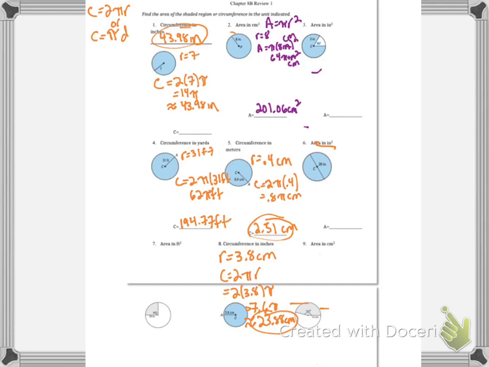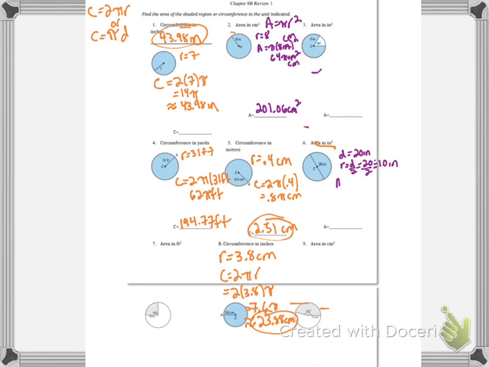I'm going to wait and come back. Again, that's a different type of problem. So we'll go down to the next column, area in inches squared. Well, here we're given the diameter of 20 inches. So to find the radius, we're going to divide that by 2. Radius equals diameter divided by 2. 20 divided by 2 is 10 inches.